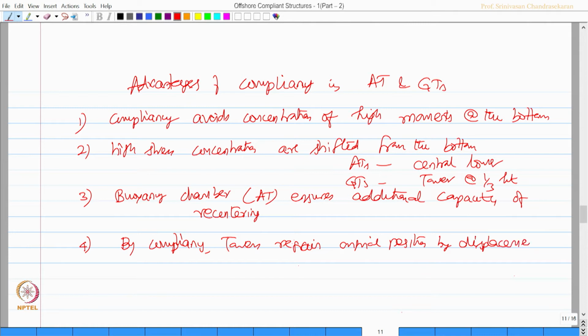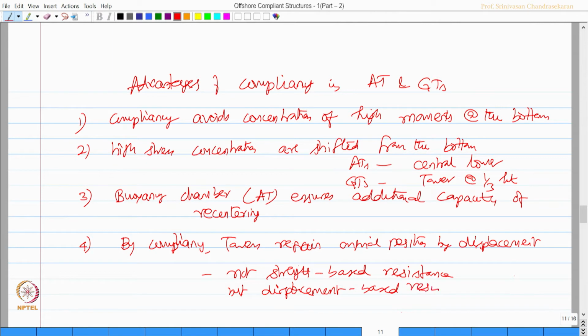In fact, I should say by undergoing large displacement. So, it is not a strength based resistance, but a displacement based resistance, what we call as compliancy.